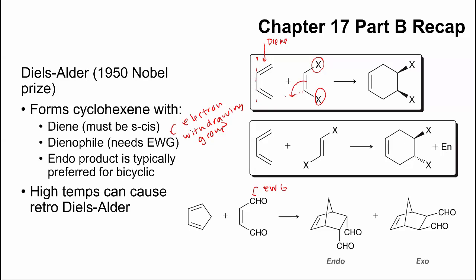So while this is being made, this one shifts to here, these shift to here, and you're forming a new bond there. And so this is the new bond that you formed. This is the new bond, and we have a new pi bond here. And the X's are on the top side, meaning that the alkene or the dienophile approached from the bottom side to form that new bond.